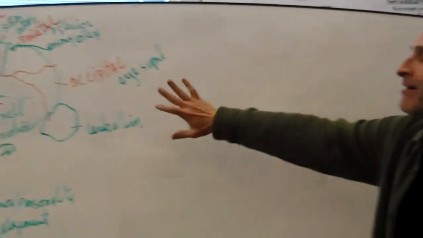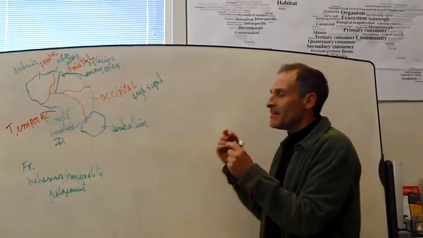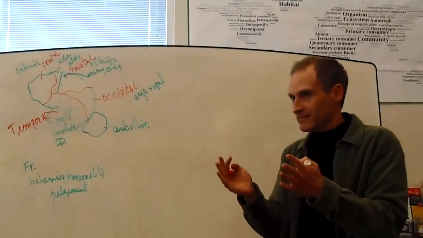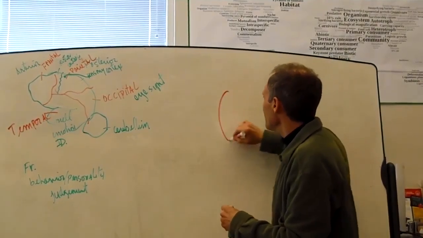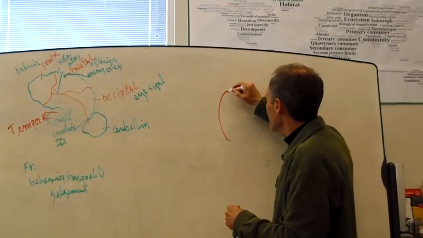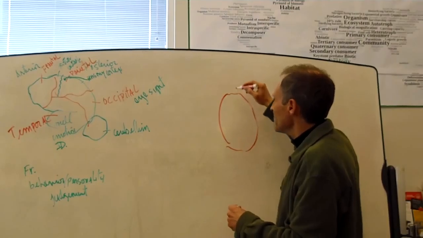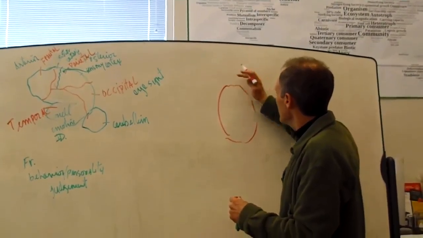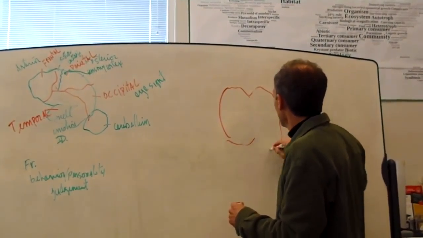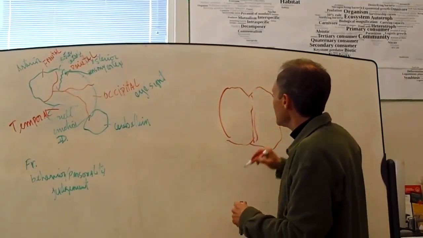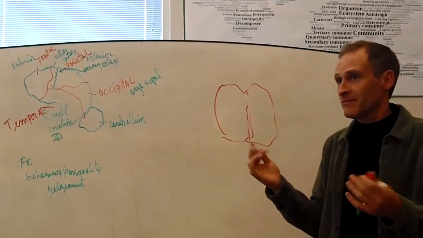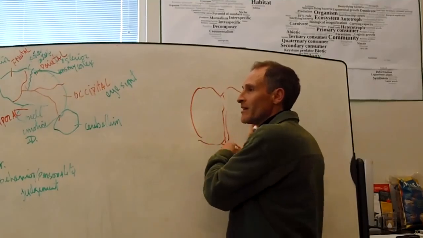Anyway, all right, so if we were to make a sagittal cut, let's say the brain is divided into two hemispheres, right? So you've got the left hemisphere and the right hemisphere.